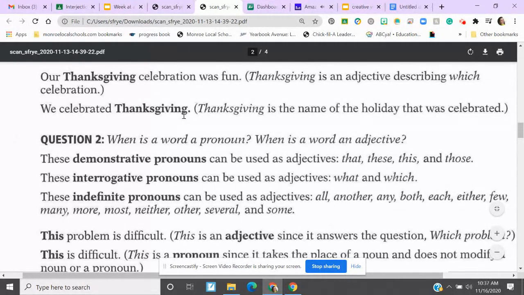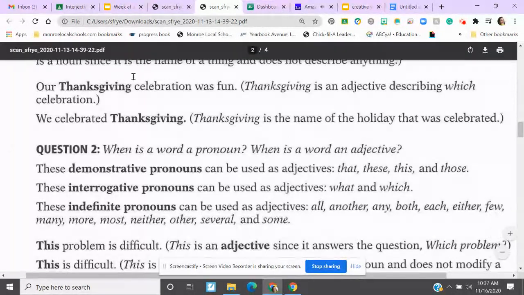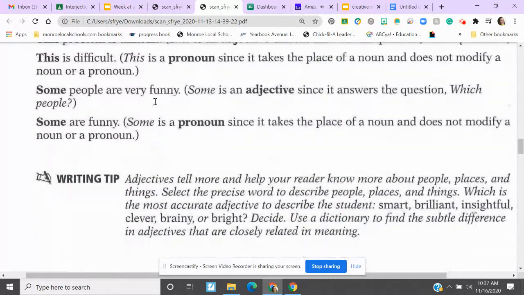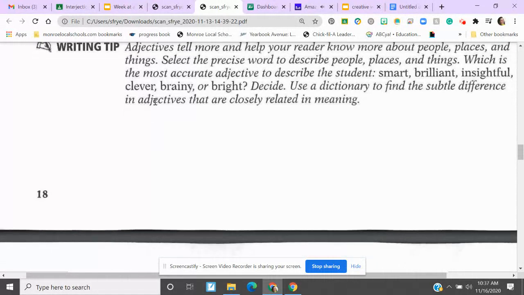We celebrated this holiday, so that is a noun. However, our Thanksgiving celebration was fun. How did that change? Thanksgiving is now doing what? Describing celebration, right? So that makes it an adjective in that sentence. That's where it gets a little bit more confusing. Okay, does that make sense?